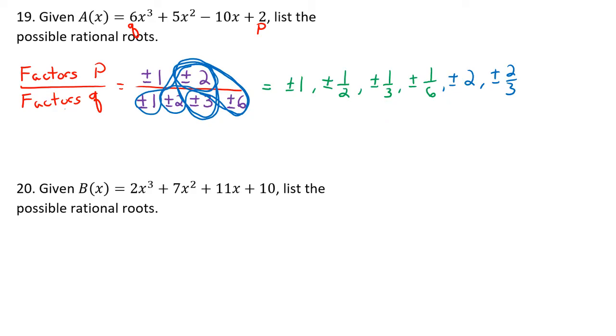Okay, let's look at number 20. Same idea. The p is the constant term. The q is the leading coefficient. So we are doing the factors of p over the factors of q.